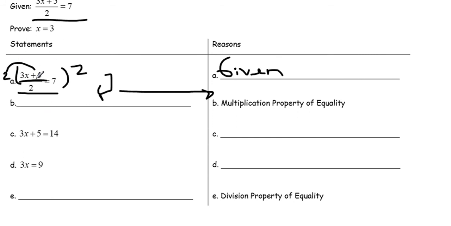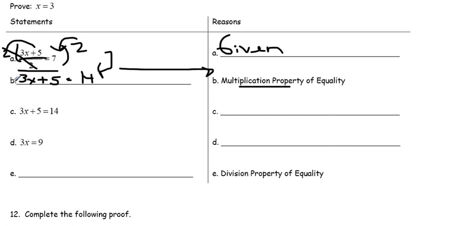So 2 times 3x plus 5 over 2, the 2 over 2 reduce to 1, and we're left with 3x plus 5. And then 2 times 7 is 14. So we have 3x plus 5 in our next line equals 2 times 7, which is 14, because of the multiplication property. We just used the multiplication property.